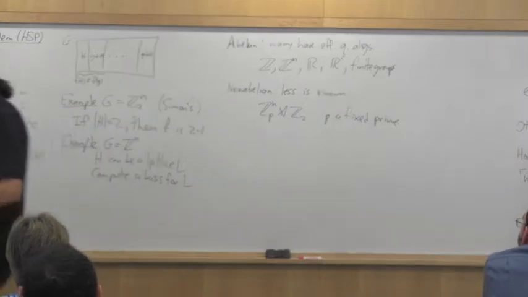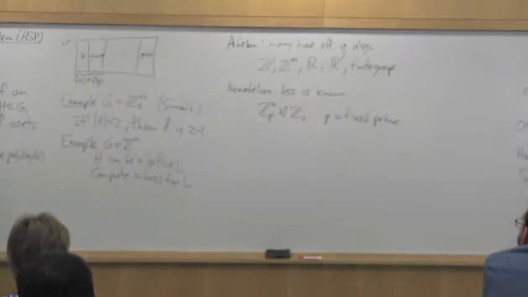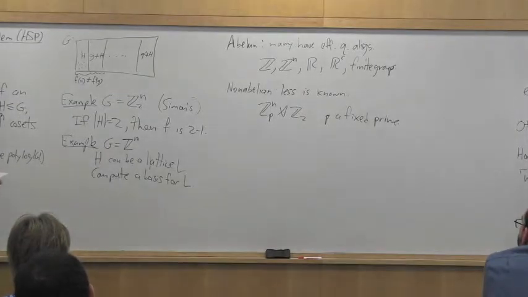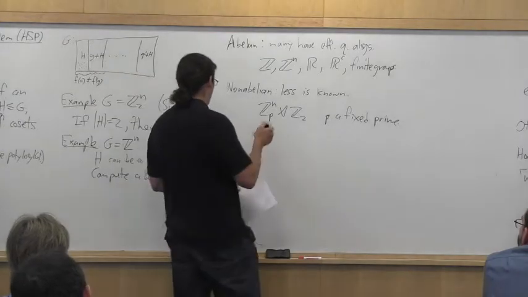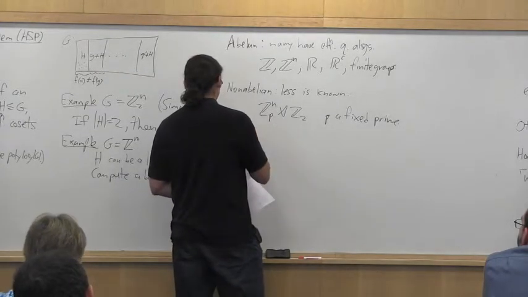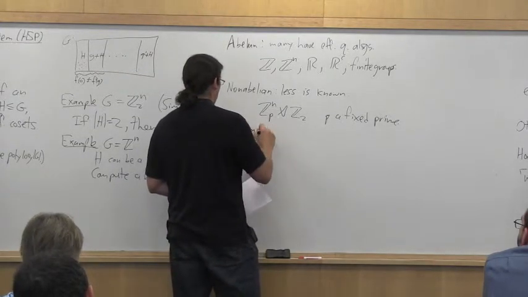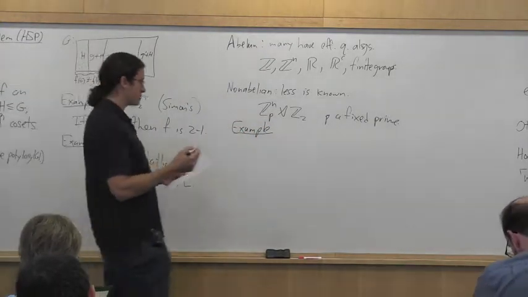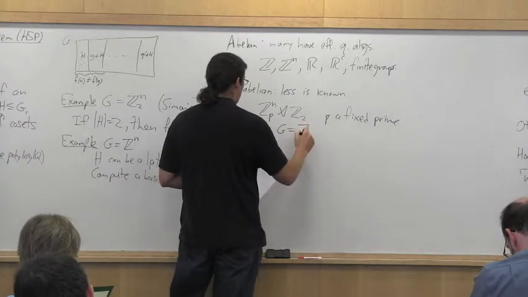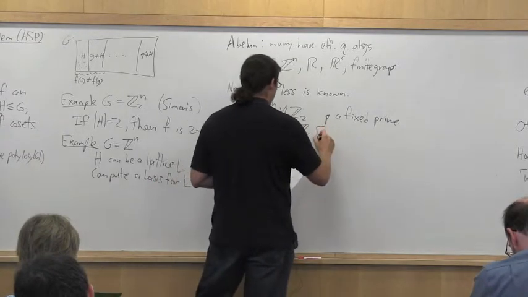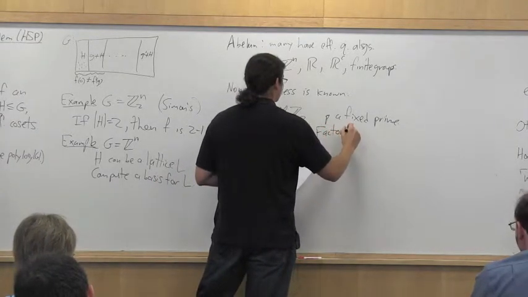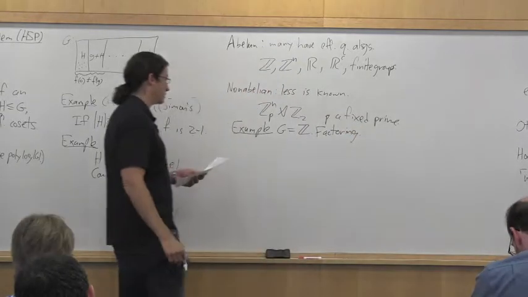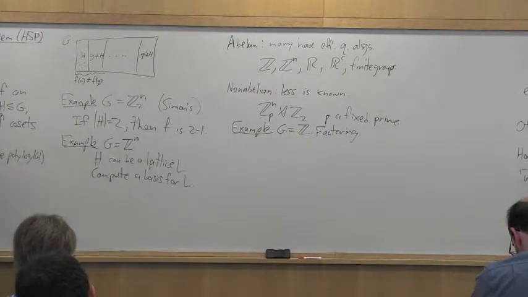Okay, let me go through some more examples here to show you. So the next example will be for factoring. In this case, we'll let the group be the integers. And this is Shor's algorithm, a piece of it.